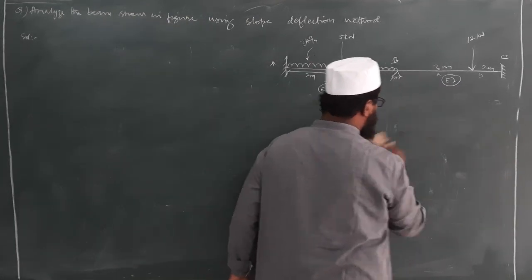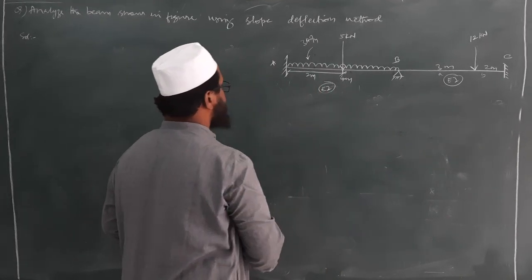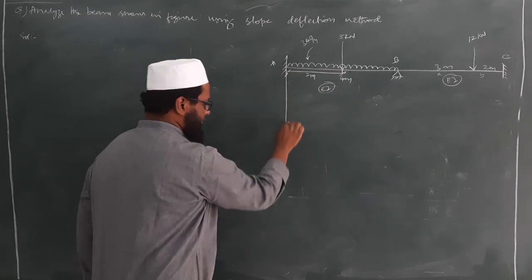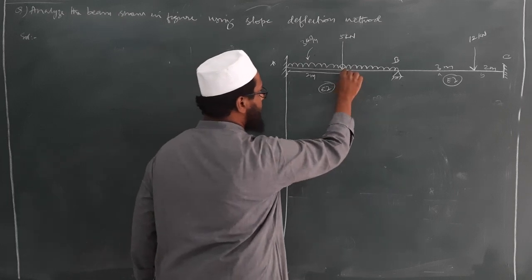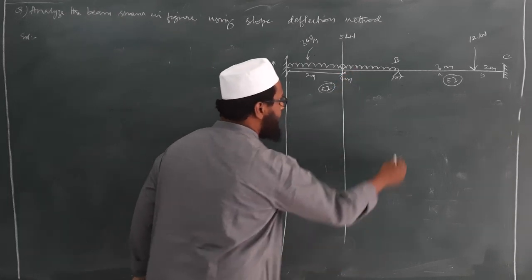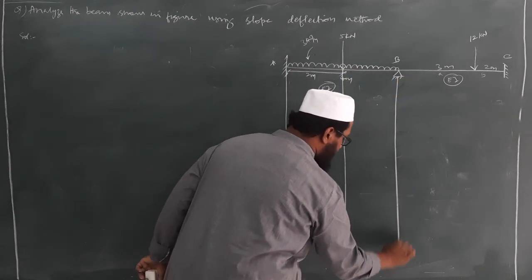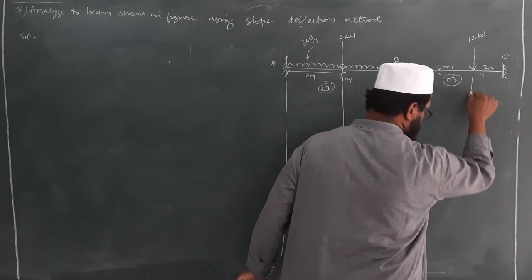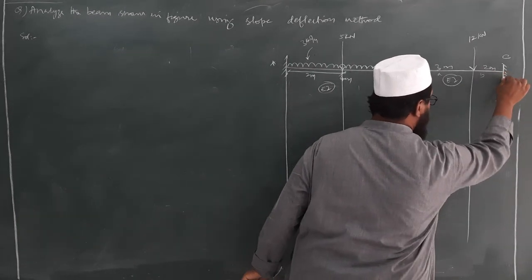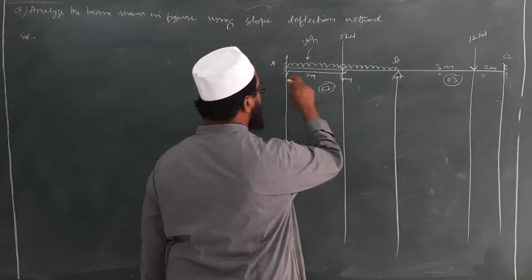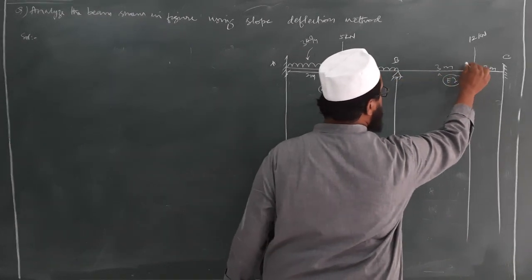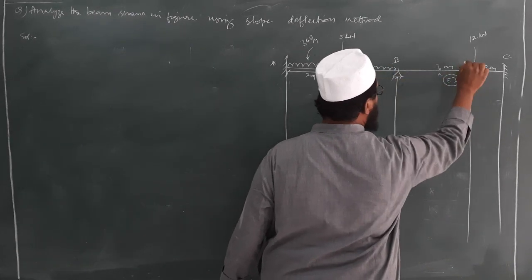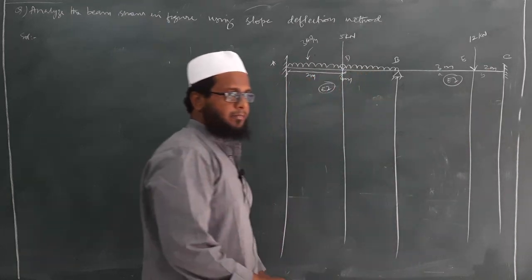So how to calculate shear force? Wherever we have a point, we will project that line, isn't it? So I'll name this as A, B, C, this one as D, E. Okay.